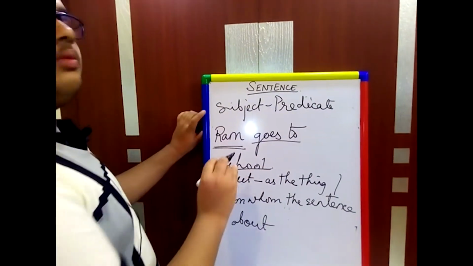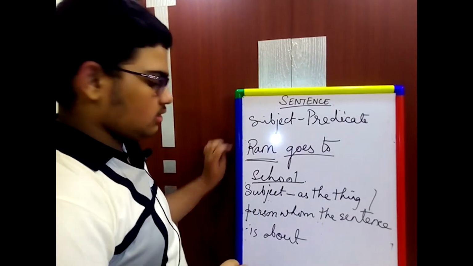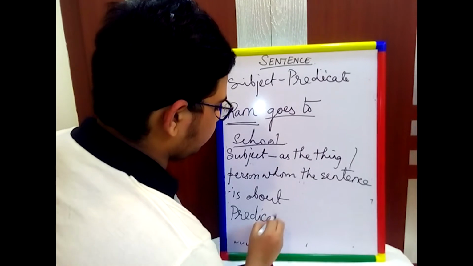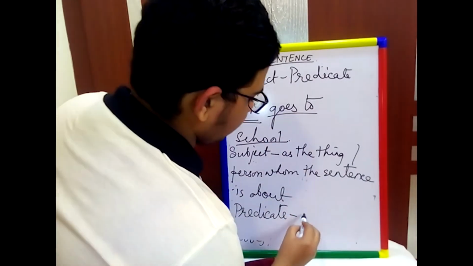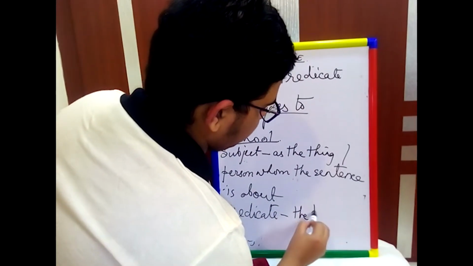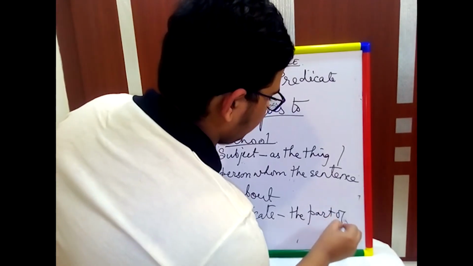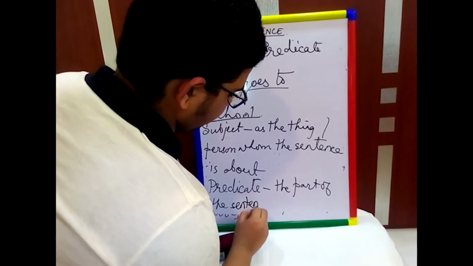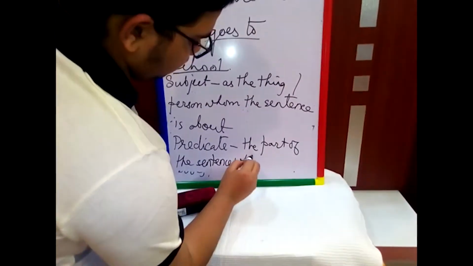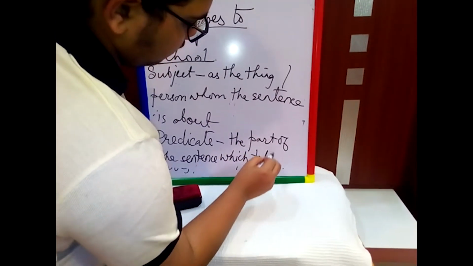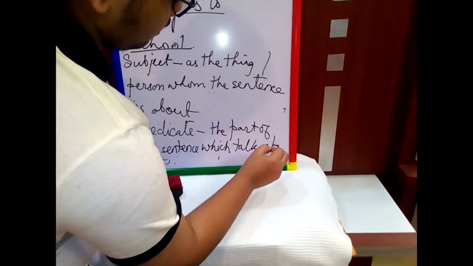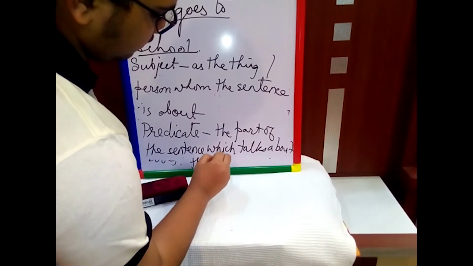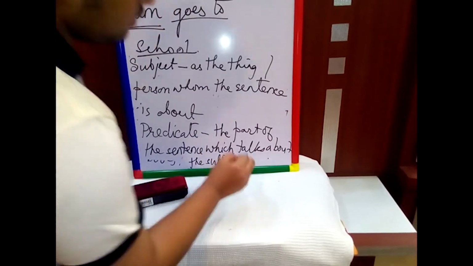And we have the part which is known as goes to school. Now this tells what the subject, or Ram, does. So we can explain the predicate as the part of the sentence which talks about the subject.